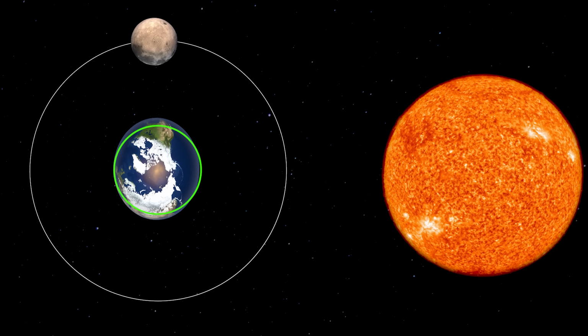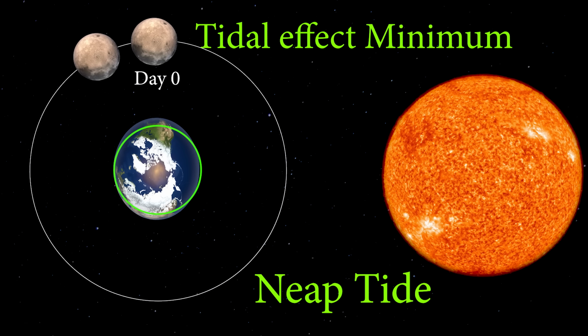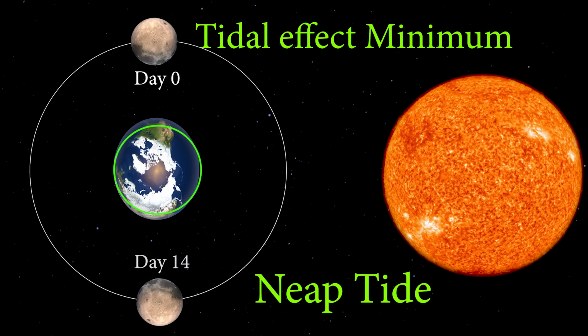That means they oppose each other and overall tidal effects would be minimum. These are called neap tides and the moon takes 28 days for a complete revolution. So after 14 days, the moon completes half a revolution and reaches here. Again, neap tide happens and so neap tides happen once in 14 days.